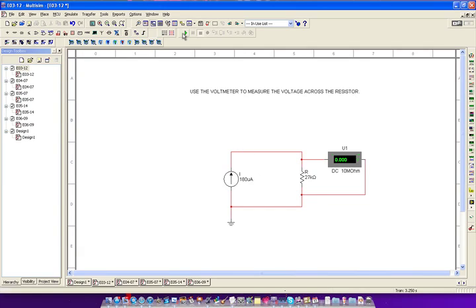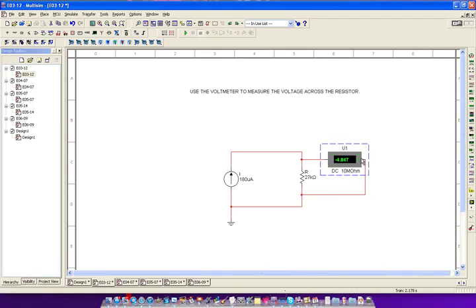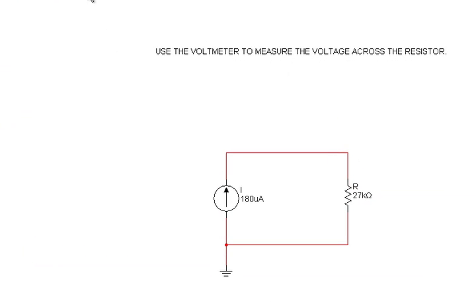And then we click on Run. Oh, it gave us the same answer, but negative. That means I didn't connect the voltmeter correctly. Okay, let's stop this, delete this, and connect it from inside.